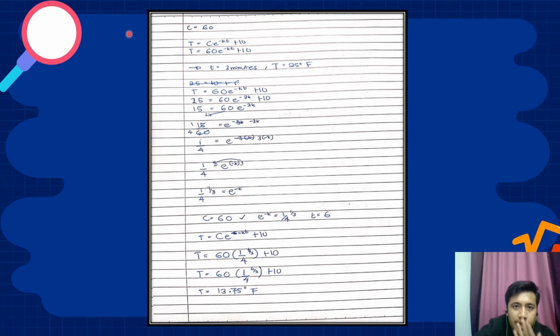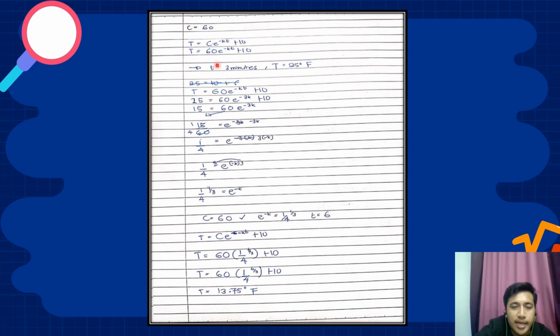Next, after we get C equal to 60, we go back to the equation T equal to C e to the power of negative kt plus 10, and we put the C value 60 like this.